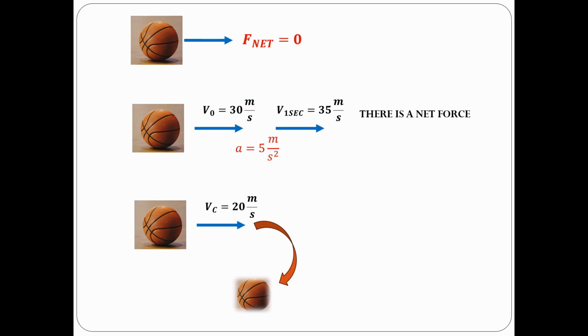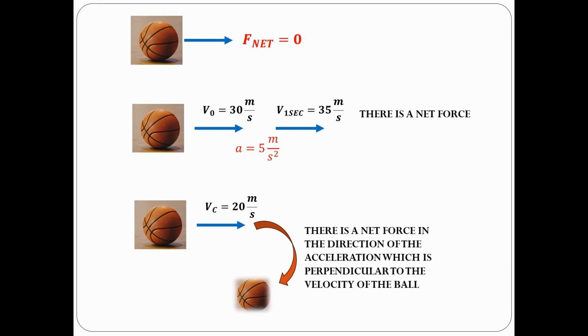So anytime an object changes direction, there is an acceleration, and that acceleration is perpendicular to the motion of the object, and the net force is always in the direction of the acceleration. So although the speed is constant, it does not always mean that the net force is zero. The only way the net force is going to be zero is if the object is at rest or the object is moving at constant speed in a single direction.